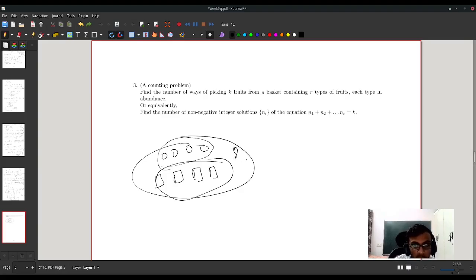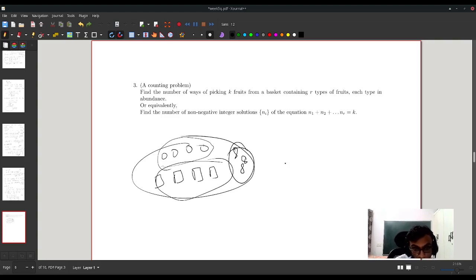There are different kinds of fruits, all in abundance. I mean, there's no shortage, and we have to pick k fruits from these sorts of fruits, and the question is about the number of different ways of doing this.